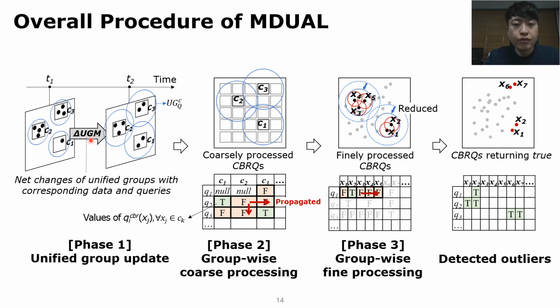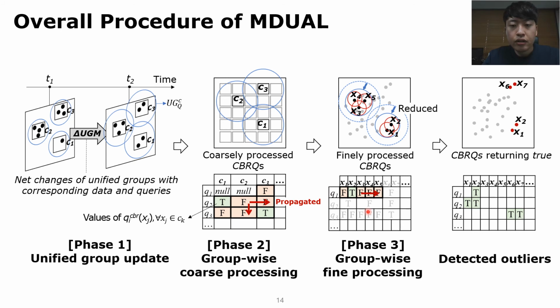And using these unified groups, MDR first processes those unified groups closely and returns the answers for each group of CBRQs. It can return false or true for each subgroup of CBRQs, and those answers can also be propagated to others considering the restrictive relationship.